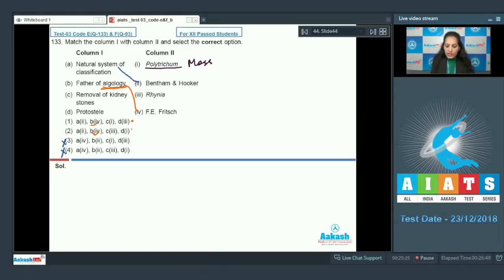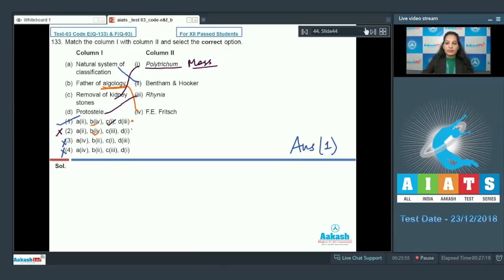It's a moss and a decoction of Polytrichum was used to remove the kidney stones. So C matches with first. Option number 2 is ruled out now, and the protostele is the primitive stele, the first stele which was seen in Rhynia. Rhynia is a pteridophyte. So the correct option for the given question is option number 1.